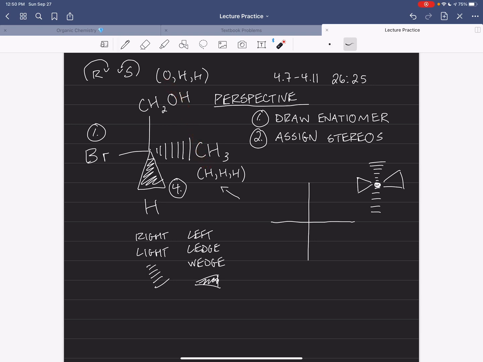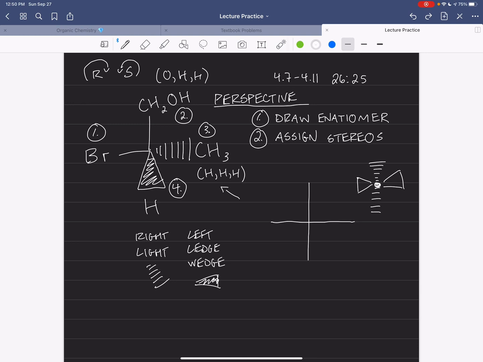So this is going to be the second priority, and this one is going to be our third priority. When we draw our line from 1 to 3, we're going to the right. This is in its R formation.